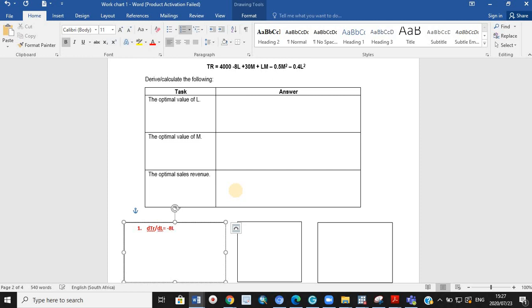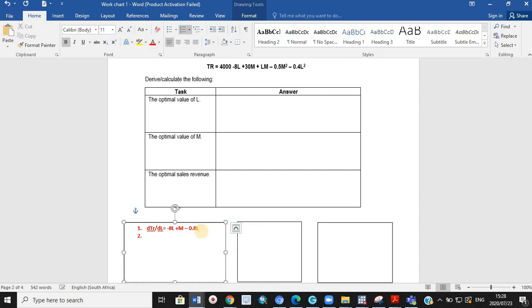The second one is 0 plus M, right? The third one is 0, the fourth one is 0, then we will say minus 0.8L. Very good.